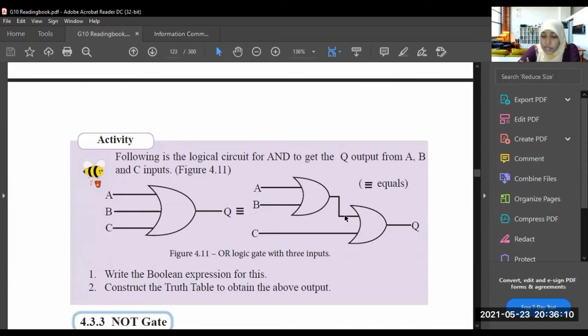Anyhow, these two are equal because all these three are going through an OR gate, no? So these both are equal, but here I want the output. I want the expression here. What will be the expression? Now understood, no?